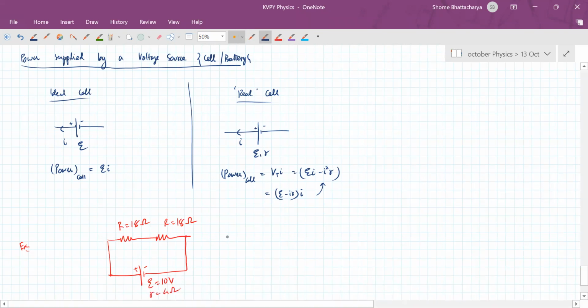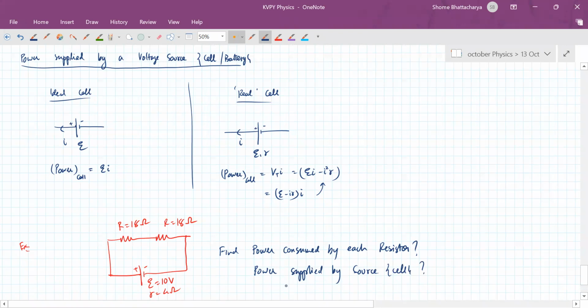Now we want to calculate the power consumed by each resistor and the power supplied by the source, that is the cell.